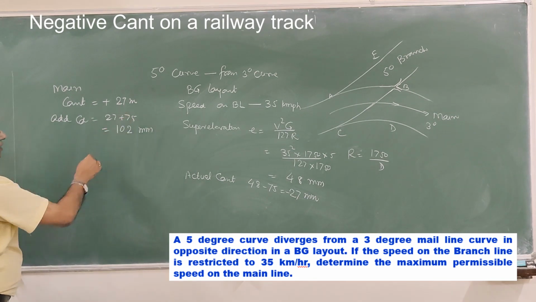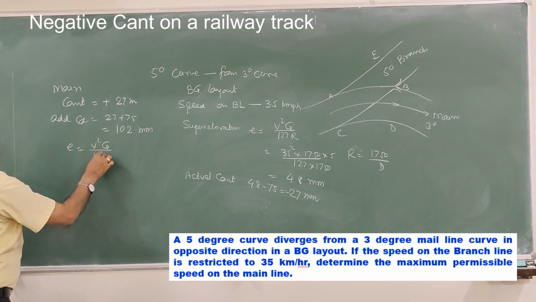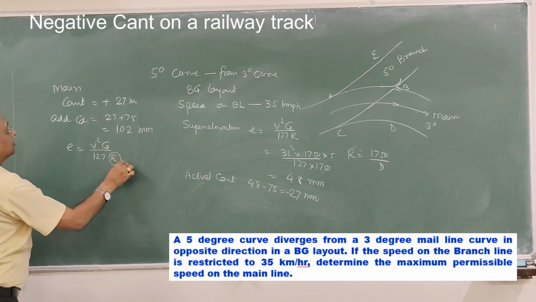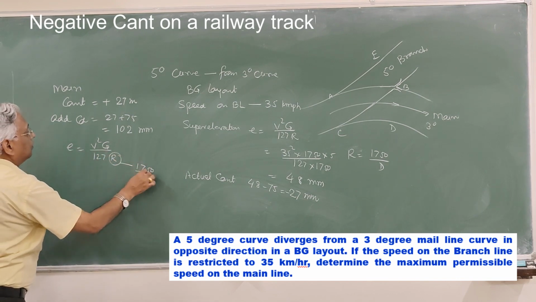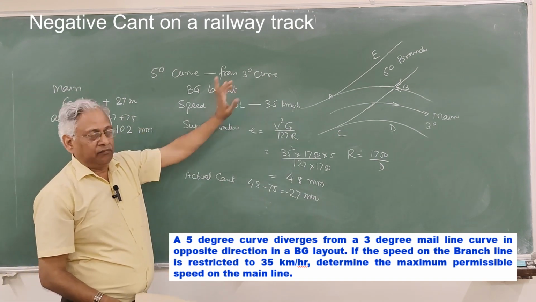So now you can calculate speed using this equation, V square G upon 127 R. Now R here is 1750 upon 3 because branch main line is on 3 degree curve.